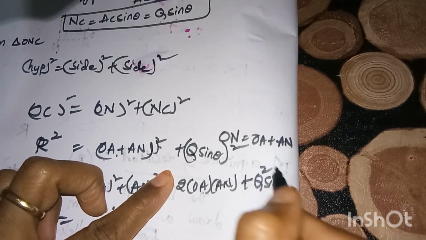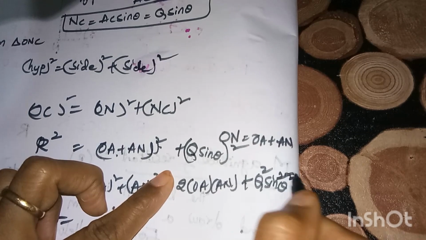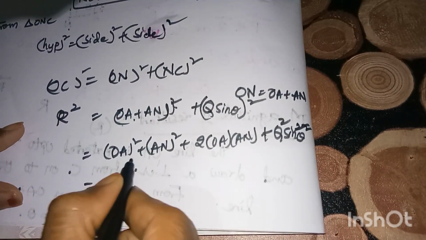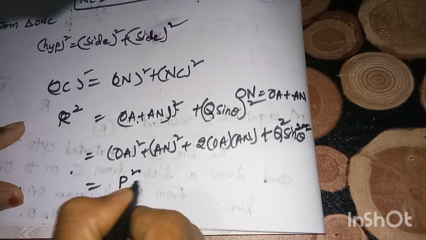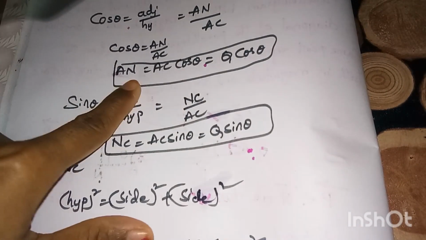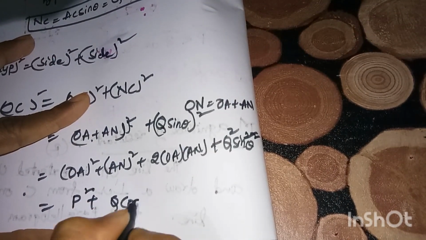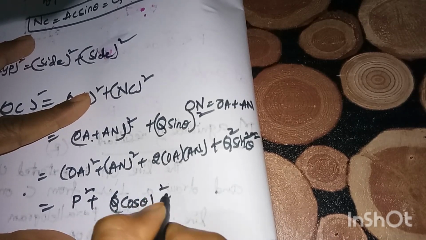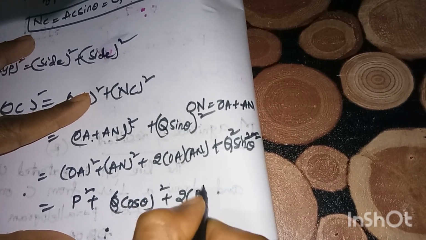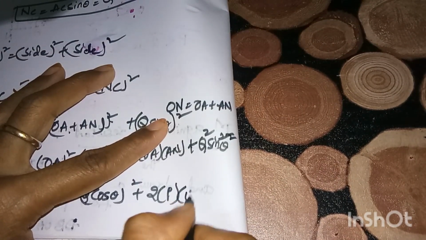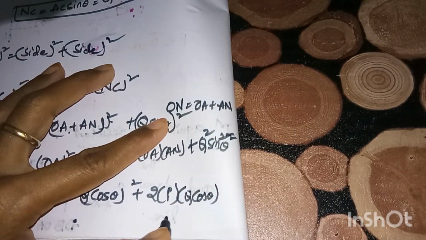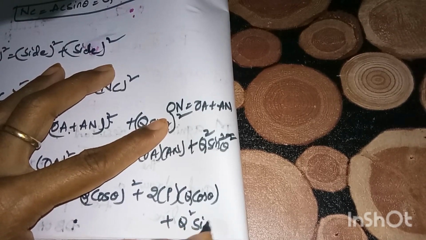So Q square sin square theta. What is OA? P square. What is AN? Q cos theta whole square, plus 2 times OA, which is P, times AN, which is Q cos theta, plus Q square sin square theta.